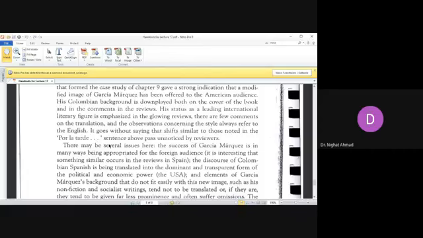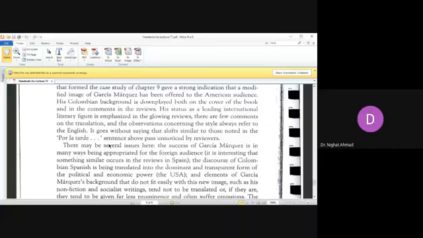The translation of Garcia Marquez from Spanish is more or less appropriated, by which I mean modified for the foreign audience, because of the way his works have been received by the foreign English-speaking audience.